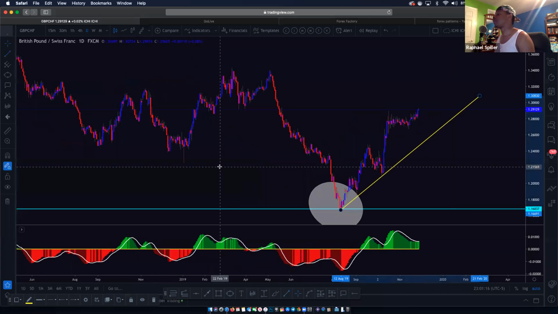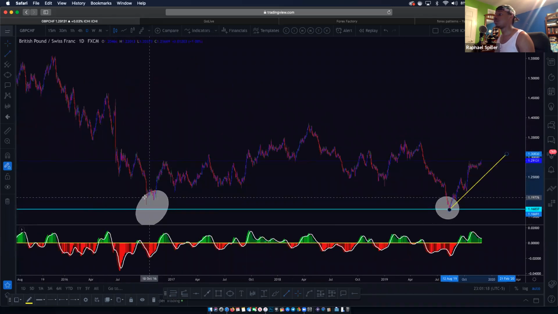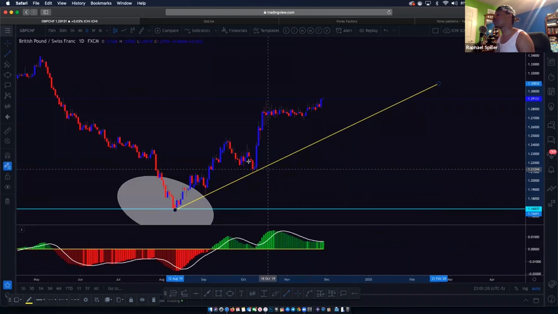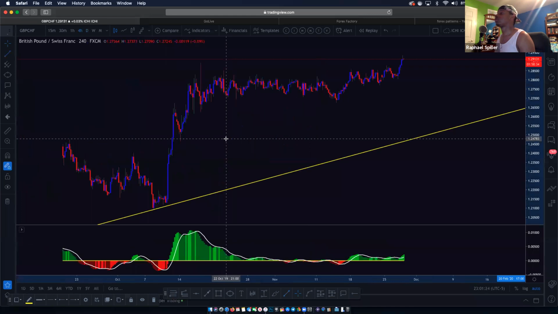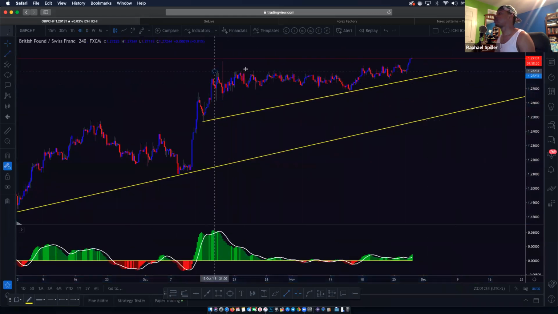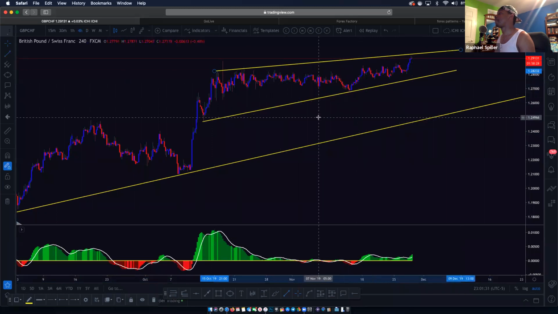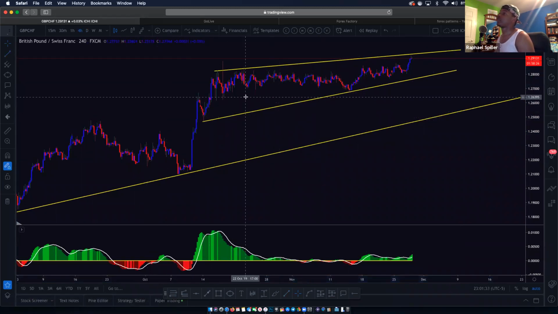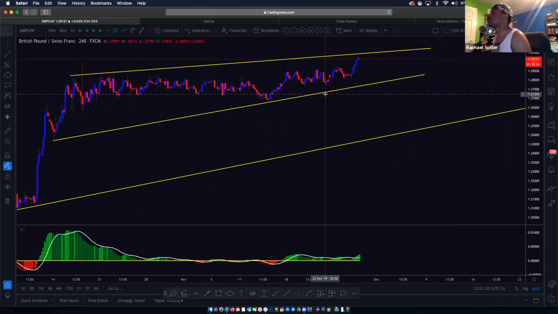It hasn't been in this level since 2016. Very strong level. So what I see now is I see an ascending wedge.